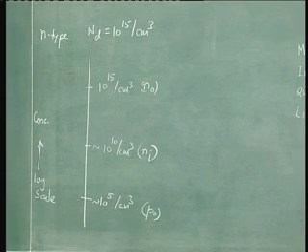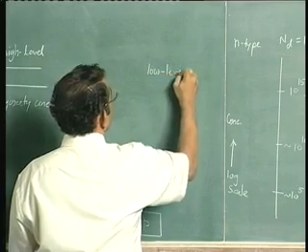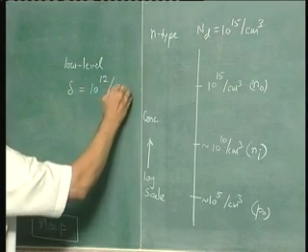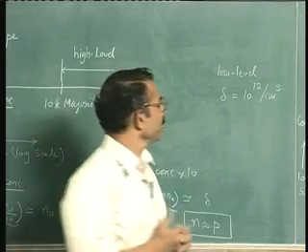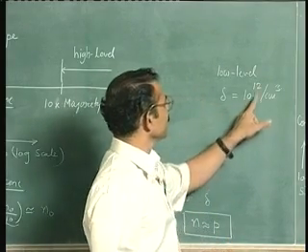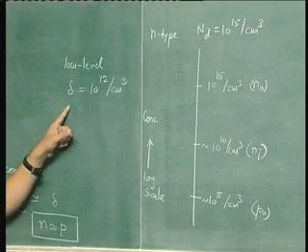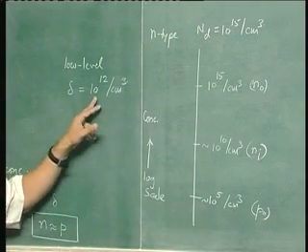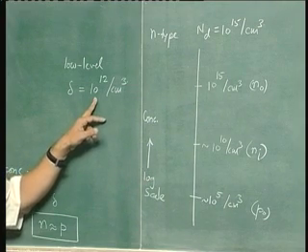Now low level injection, supposing you assume delta is equal to 10 power 12 per centimeter cube because of, let us say, photo-ionization or any other means. So supposing you have excess electron and hole concentrations of 10 power 12 per centimeter cube. Now your hole concentration would be 10 power 5 plus this 10 power 12, which will approximately be equal to 10 power 12 itself.